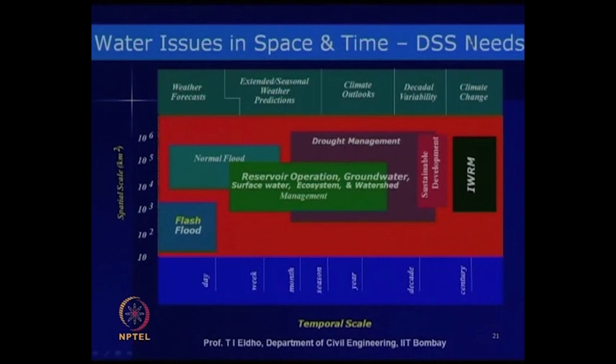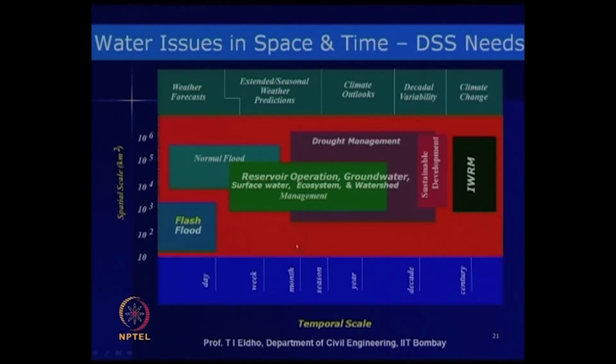Spatial variation is too much, and temporal, or time dependent, variation is also there. So, due to all these changes, the main need is that a decision support system is very essential when we deal with water related issues, water resource plans or watershed development plans.